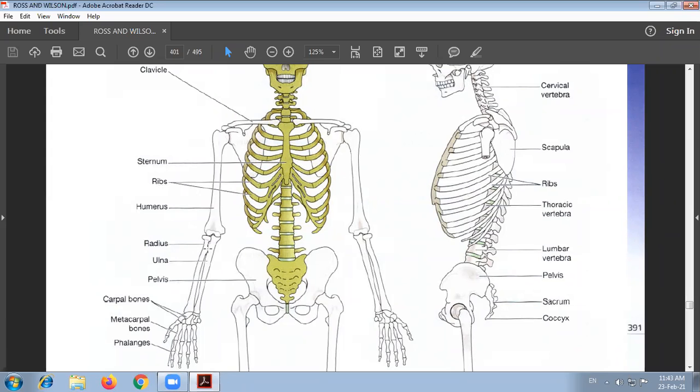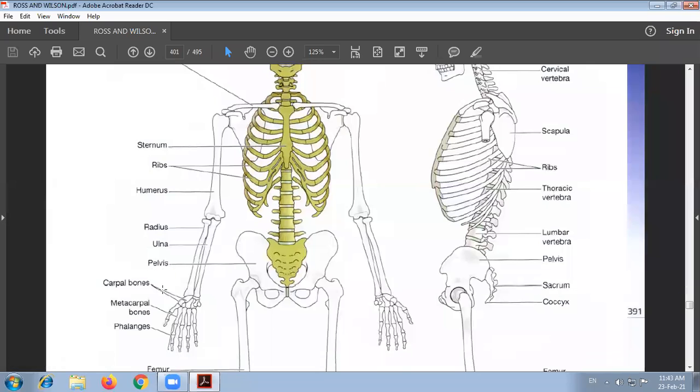The radius is the outer bone and the ulna is the inner bone. So the radius and ulna on both hands. Then the carpals, that are nothing but the wrist bones. Then metacarpals, then phalanges. The 14 phalanges, 5 metacarpal bones, 8 carpal bones, then 2 radius and ulna and 2 humerus, which form the upper limbs of our appendicular skeleton.